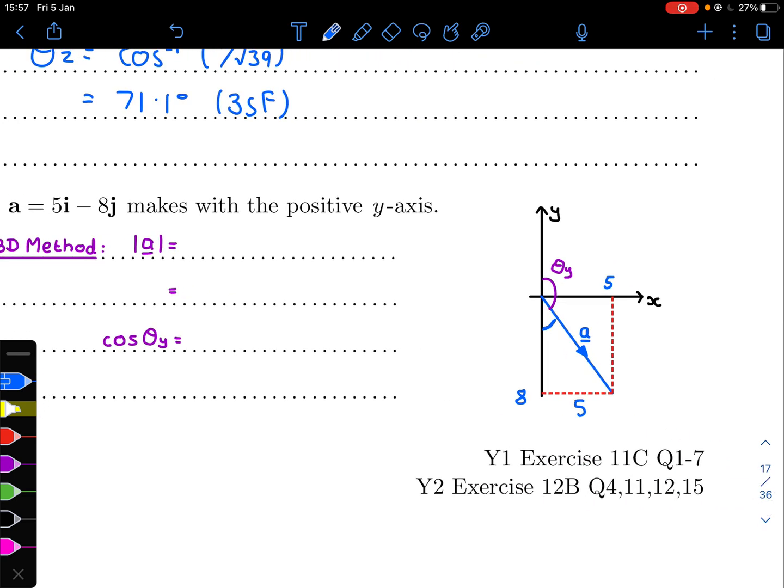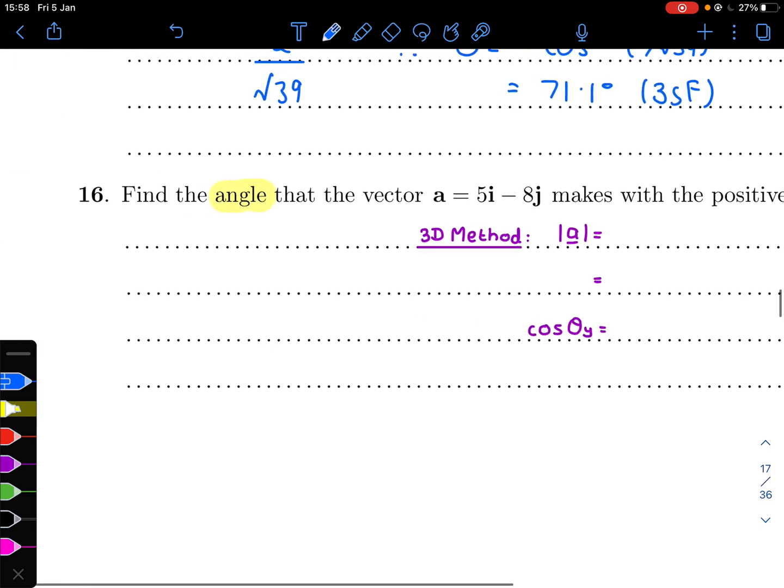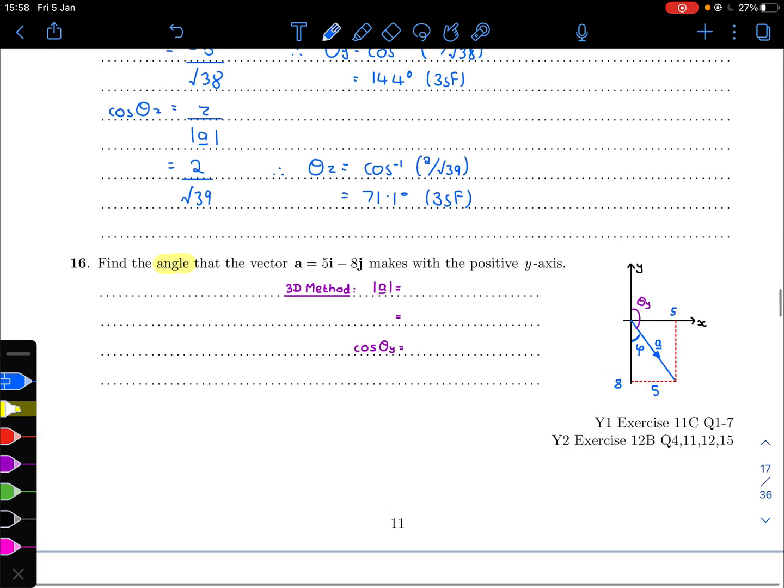So I'll start by finding this one, I'll call it phi. Tan phi is opposite over adjacent, 5/8. So phi is the inverse tan of 5/8.